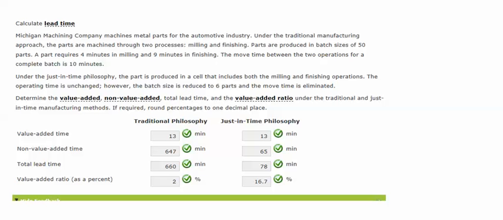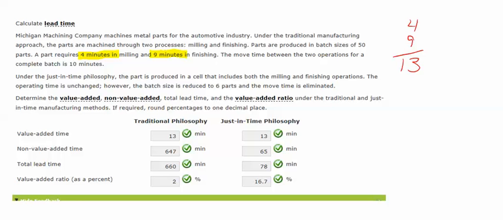In this case, we're going to be looking at the production time, and therefore the lead time or throughput time. We have milling, which is 4 minutes. We also have finishing, which is 9 minutes. So our total time, which is value added, is the 4 and the 9, or 13 minutes.